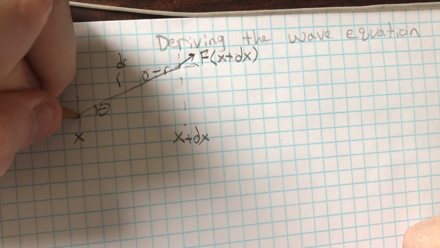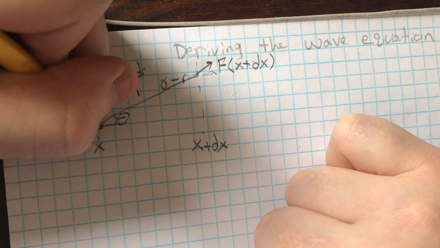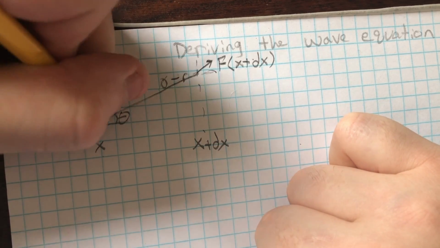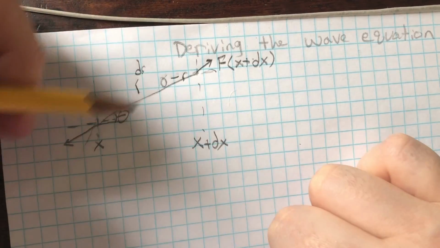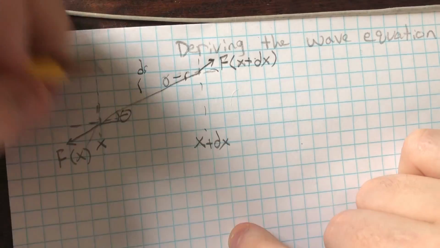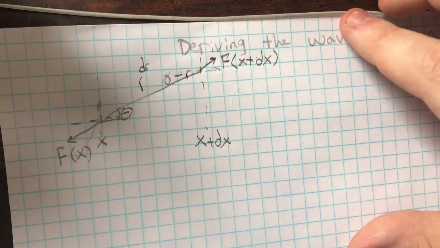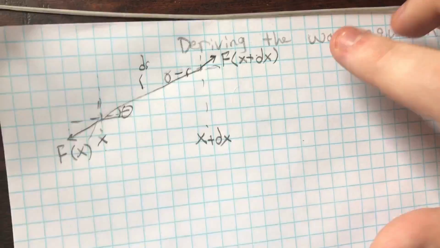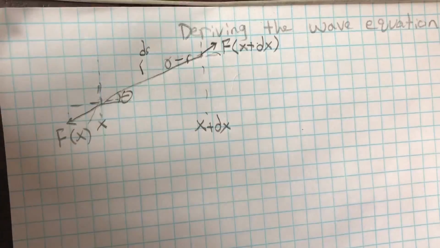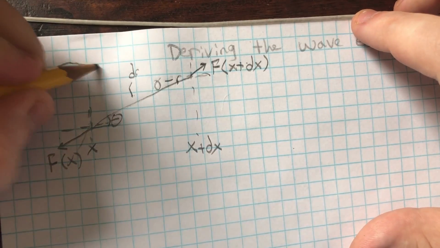And this is just f of x. So these vectors here, what we have now is the sum of forces acting on this little piece of string, right? And it's straight now because we're looking at a little piece, but overall it has this curved shape to it.